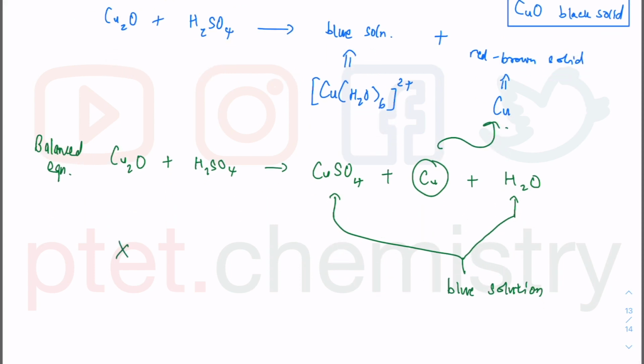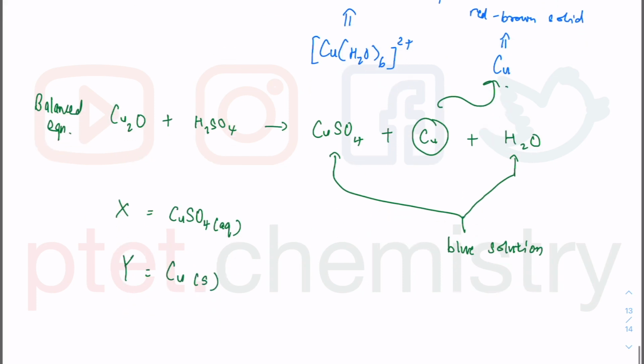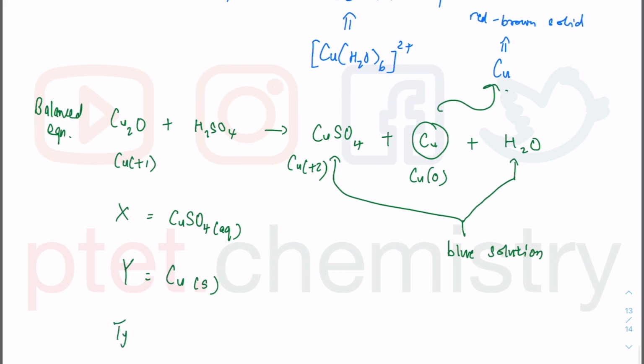So X is the blue solution, which is copper 2 sulfate, aqueous, and then Y is going to be copper solid. This is going from copper plus 1 in copper 1 oxide, to copper plus 2 in copper 2 sulfate, and copper 0. This is what we call, it's not really disproportionation, but kind of like reverse disproportionation.